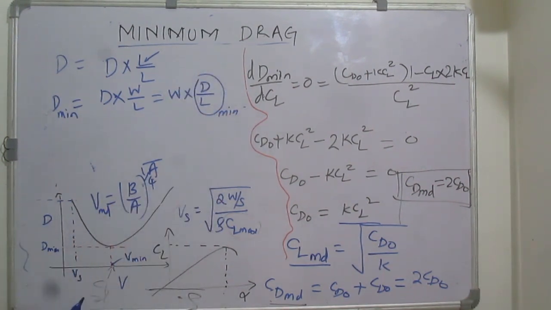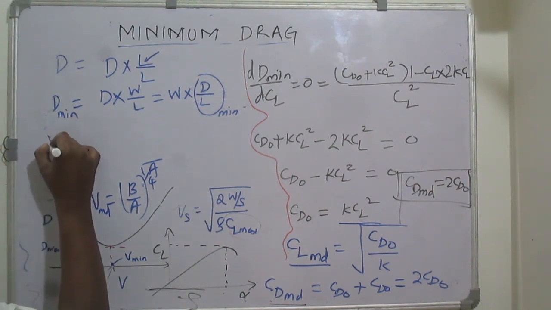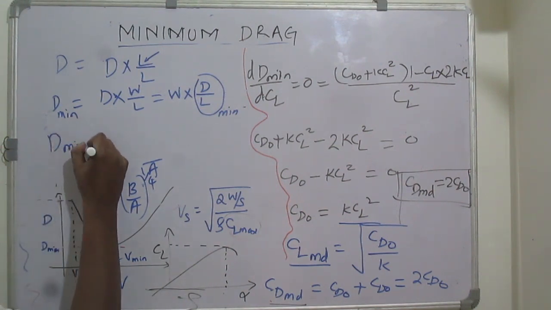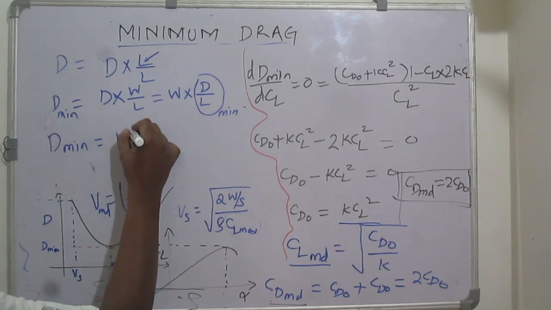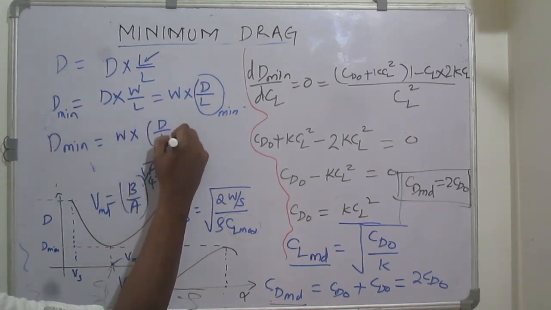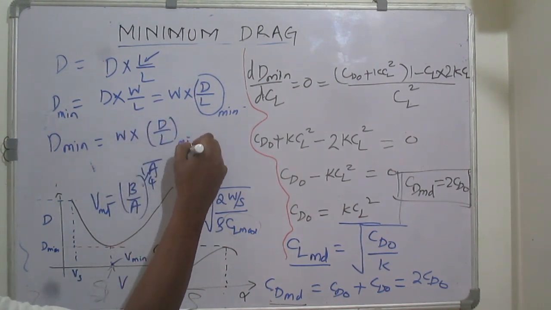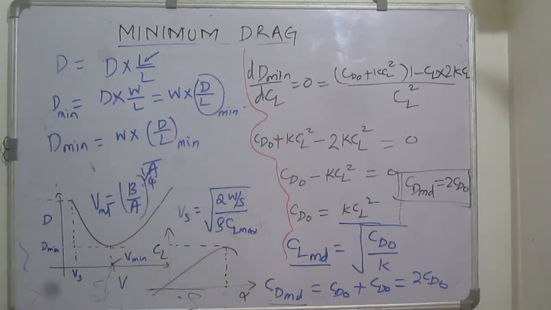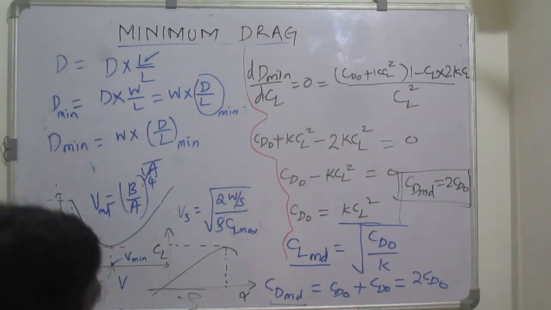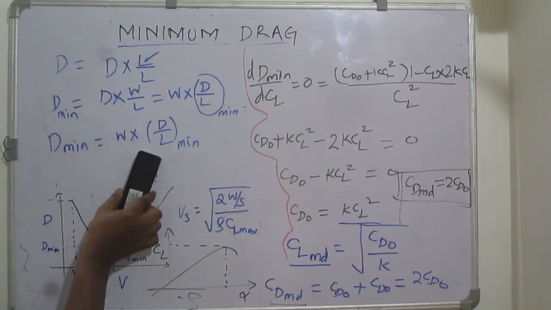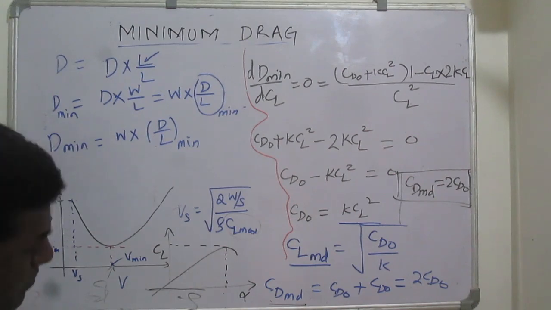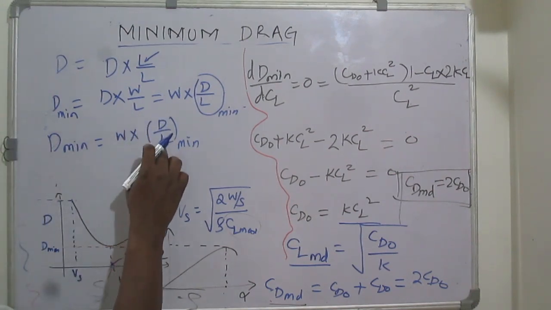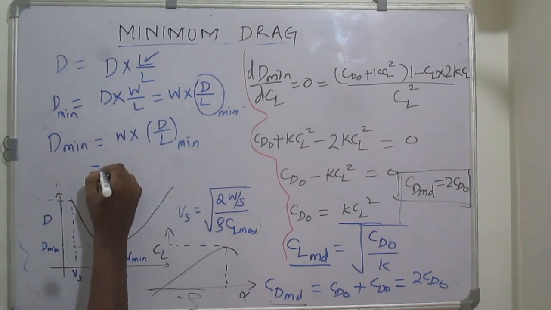So that means drag minimum equal to W into D by L minimum. Drag and lift can be replaced in terms of CD by CL, because we can express both the drag expression and the lift expression in the numerator and denominator, and then cancel out.